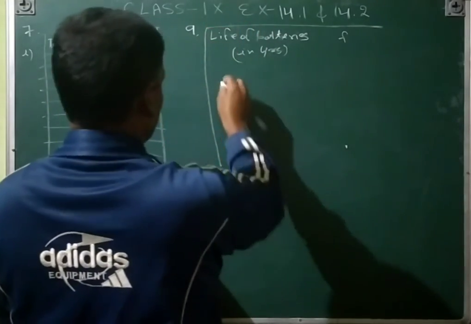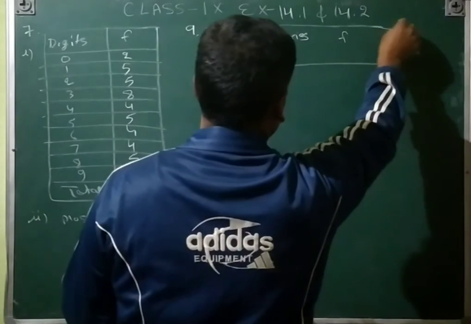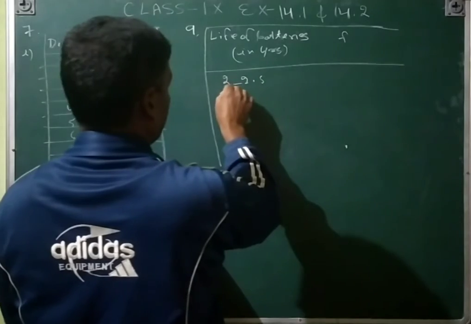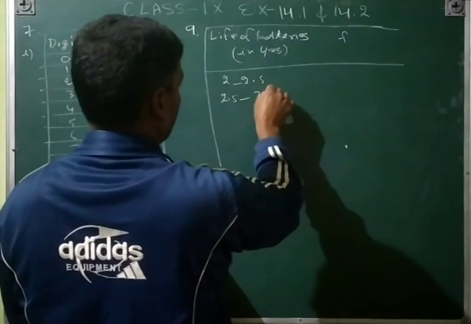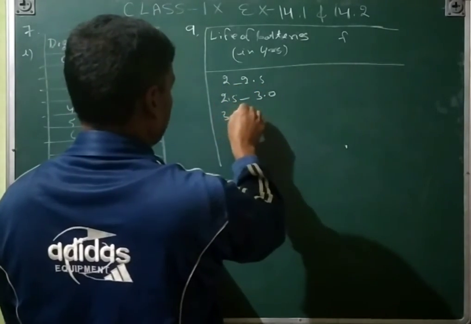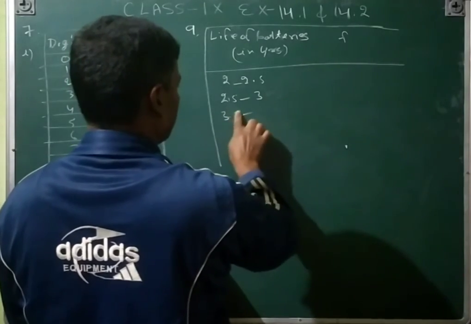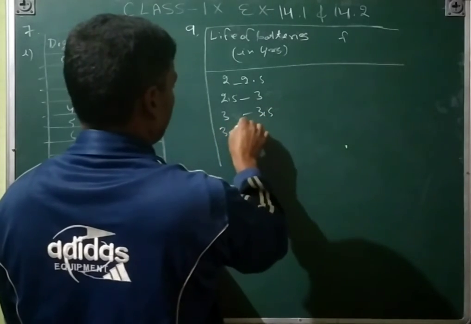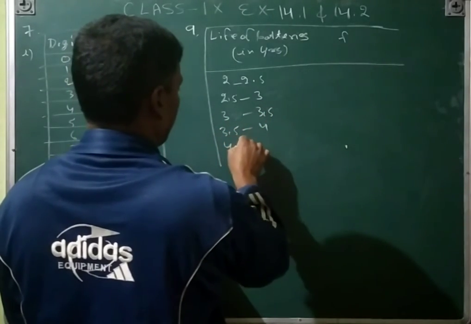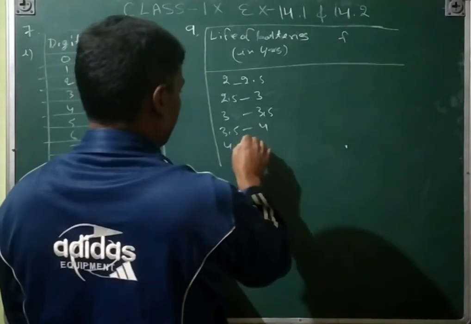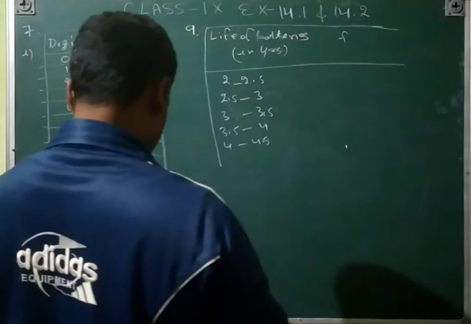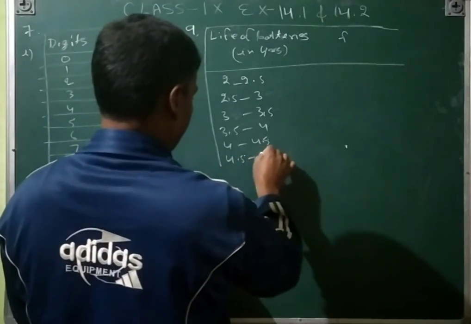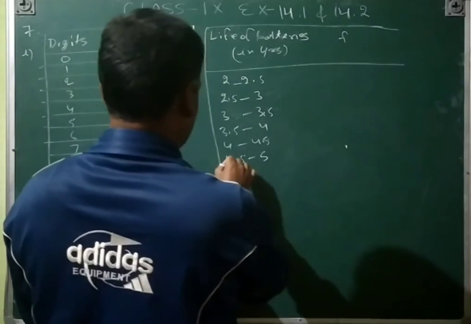Then we'll take 2 to 2.5, obviously then 2.5 to 3.0, then 3.0 to 3.5, 3.5 to 4, 4 to 4.5, and then 4.5 to 5.0.